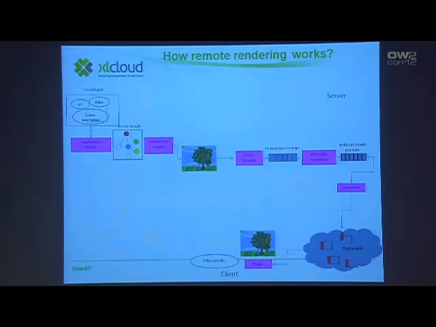Then we have to capture the interactivity from the user, mainly keyboard and mouse, and that is not sent back to the player, but is sent back to the server by using the same network connection. This is the user interaction that is going in the application engine, and the entire loop is repeated.